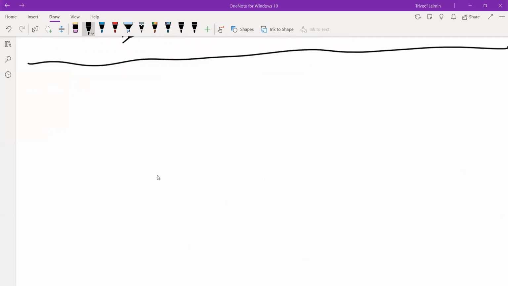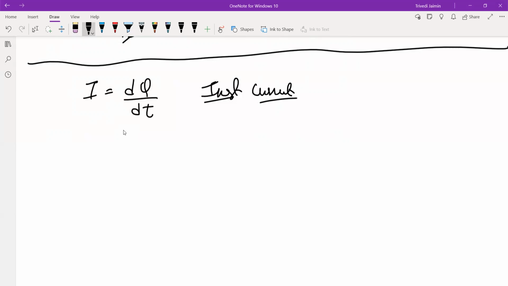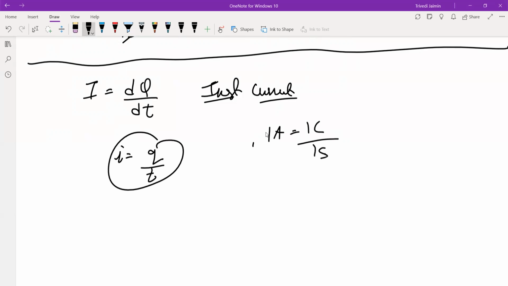So first, as I started, this is the formula which we gave. That is instantaneous current. If I want to find average current, it's the same; this will be your average current. So you know ampere, how to define ampere? 1 ampere equals 1 coulomb per 1 second. If I want to define ampere, it is when 1 coulomb of charge passes through a cross-sectional area in 1 second.